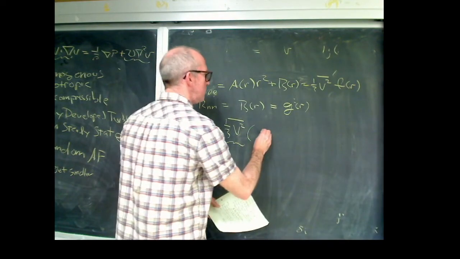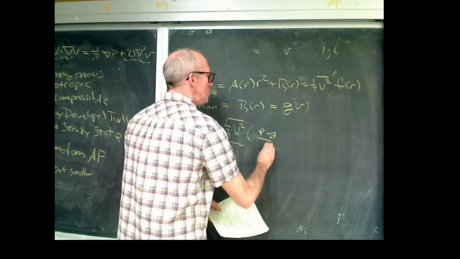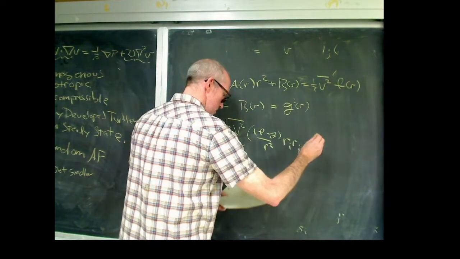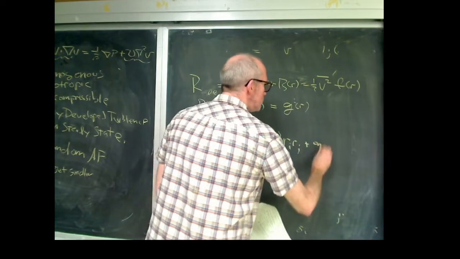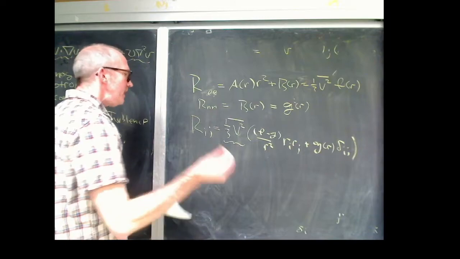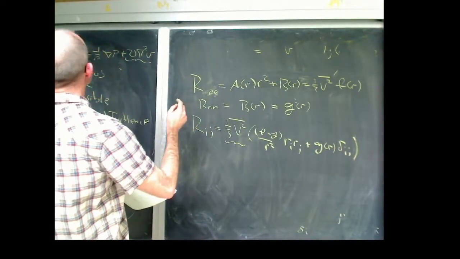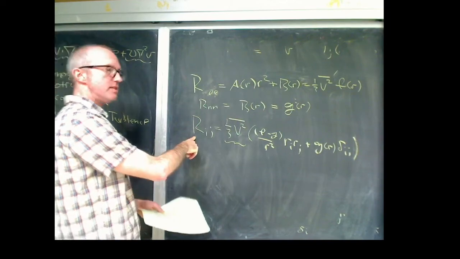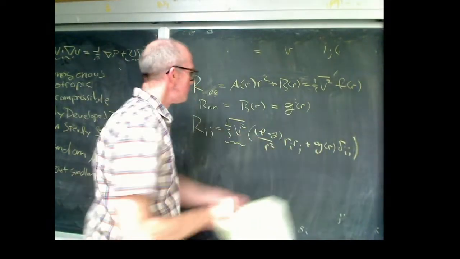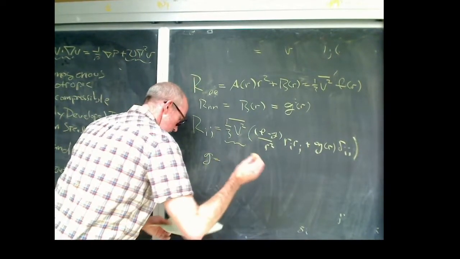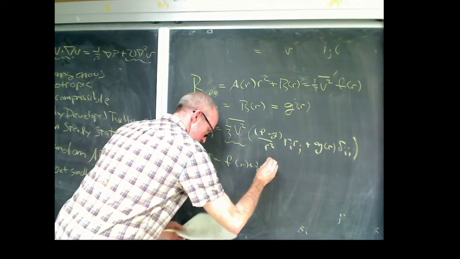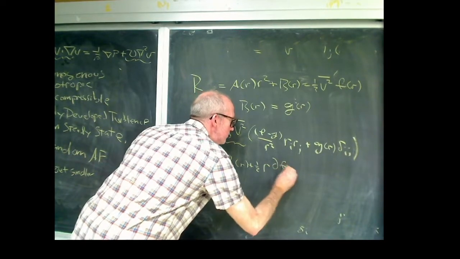Times (f minus g) over r squared times r_i r_j plus g of r delta_ij. And I know because of the incompressibility condition that the derivative of this thing is 0. So the derivative of this thing is 0 gives me another equation to solve for g, and I can get that g equals f of r plus 1/2 r df/dr.